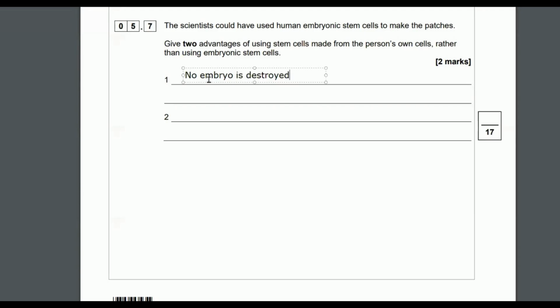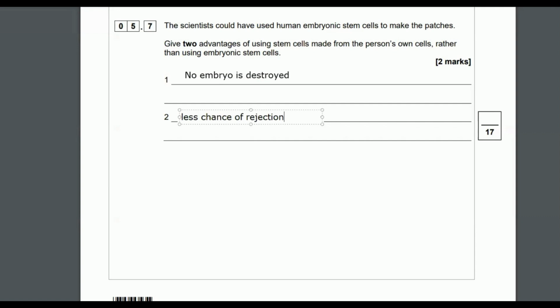And the second advantage is if we use your own stem cells, they will contain the same antigens, the protein markers on the outside, so they'll be recognized the same and they won't be rejected, which means attacked by your own white blood cells. So less chance of rejection.